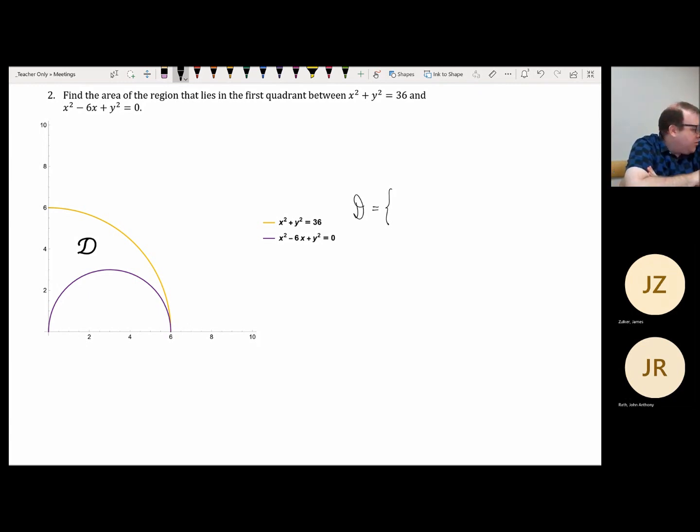So bounds for r. I agree with 6 being the upper bound.